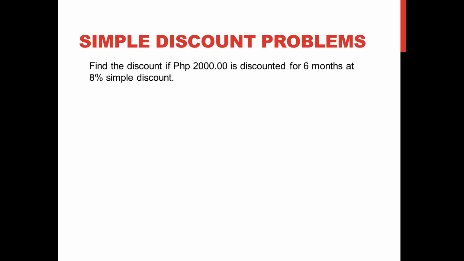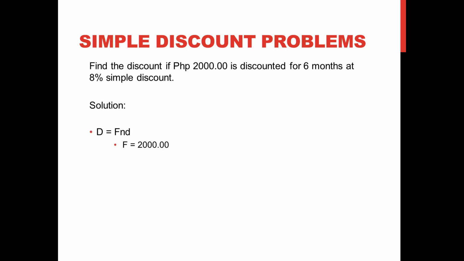So, another problem here, find the discount if 2,000 pesos is discounted for 6 months at 8% simple discount. So, as a solution, ano ba yung 2,000 dito? 2,000 is referring to the future.